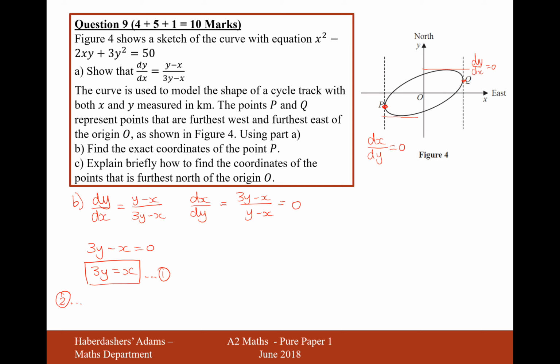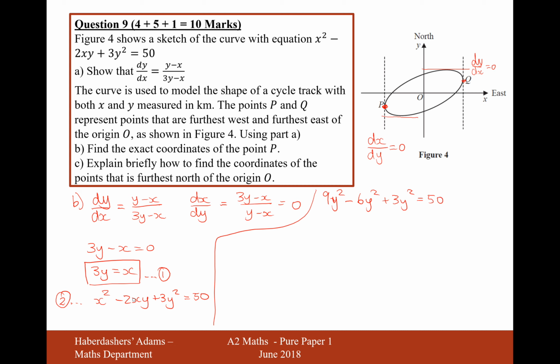So x squared minus 2xy plus 3y squared equals 50 is my second equation. I'm going to replace x with 3y into equation 2, so that's now 9y squared minus 6y squared plus 3y squared equals 50.